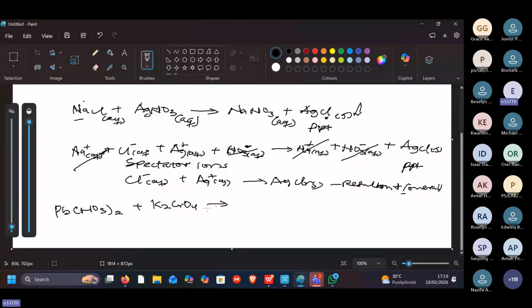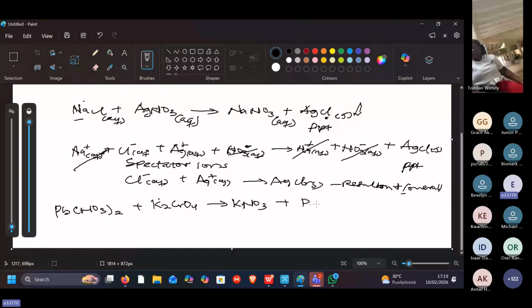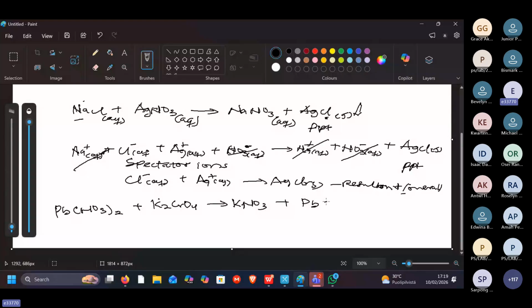Group 1 is quite reactive, so that's an exchange. The potassium will exchange with the lead to take the nitrate. So we're going to have potassium nitrate plus the lead now taking the chromate. Of course, we can balance the equation, but that's not our focus here.